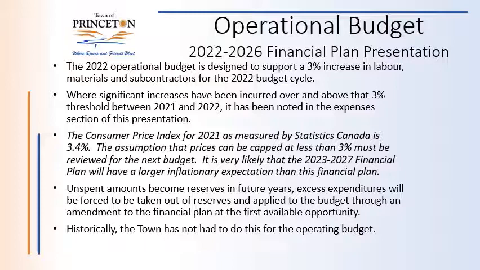If there are any unspent amounts from any line items at the end of the year, those are reserved for future years, and we'll review sort of what reserves look like and how they are structured when we get to that portion of the financial plan.